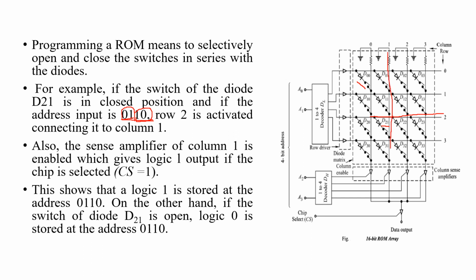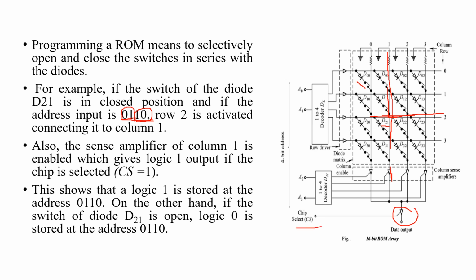So for this particular line, if the address input is 0110, row 2 is activated and it is connected to column 1. Also the sense amplifier of column 1 is enabled, which gives logic 1 to the data output if chip select is 1.